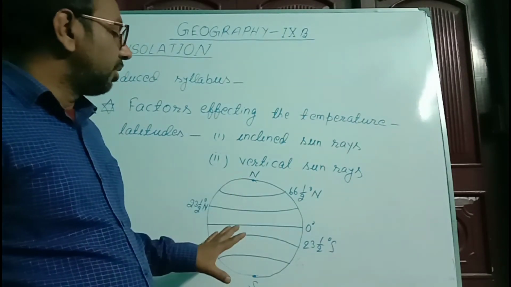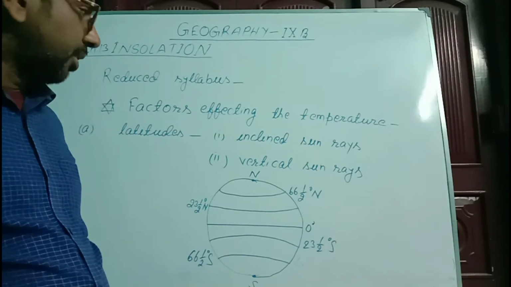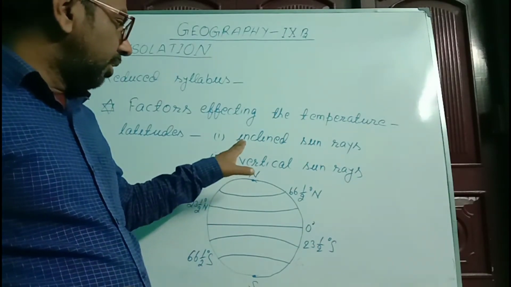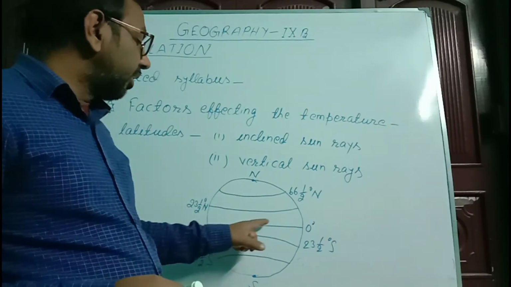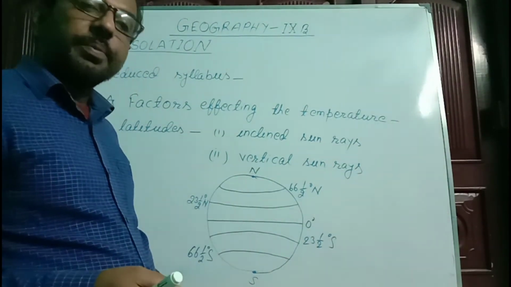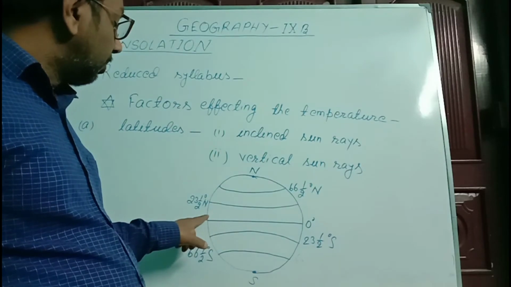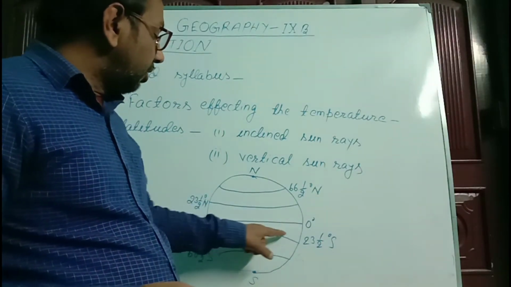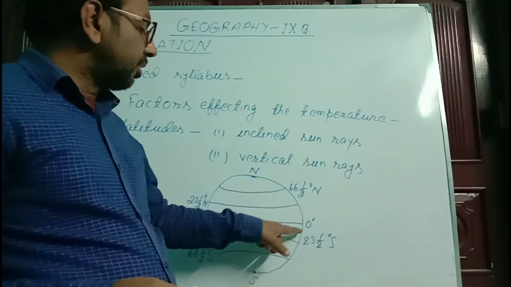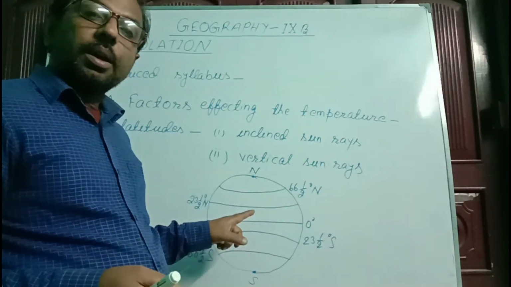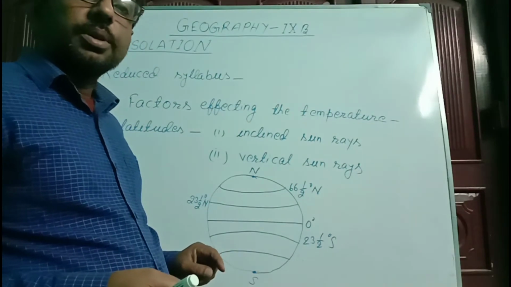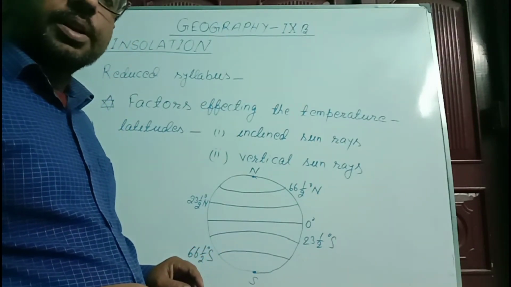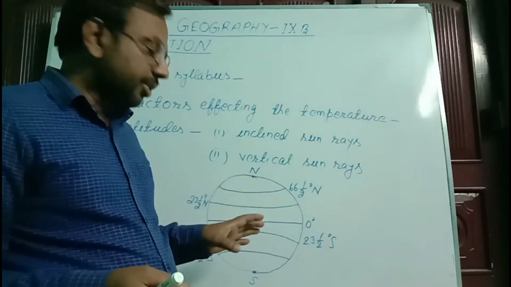On this globe, we will see the distribution of sun rays in inclined position and in vertical position. It is clear that the equator gets sun rays in vertical form. So this area is too much hot. Equatorial region is too much hot. As we move away from the equator towards the higher latitudes, the sun rays become slanting and the rate of heating is very less.